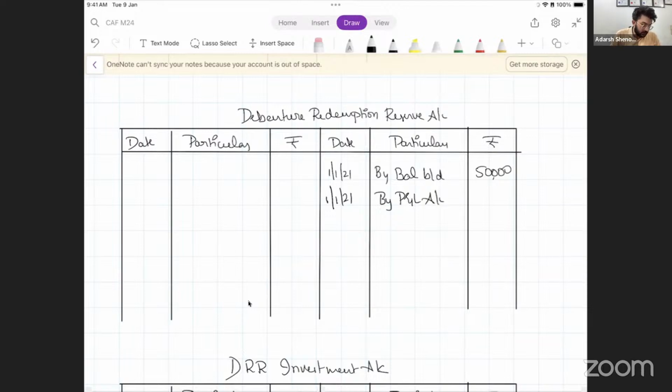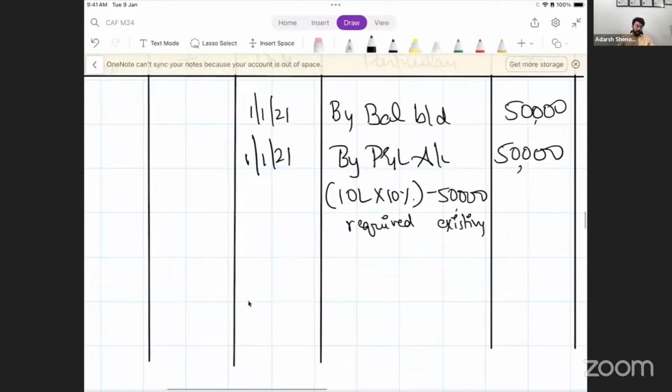This is how you create debenture redemption reserve, by debiting the P&L and crediting the DRR account. So 50,000 into DRR I created. I hope you have understood how I got this 50,000. So this much is required, but this much is only there right now. Existing. So the remaining I created as debenture redemption reserve.